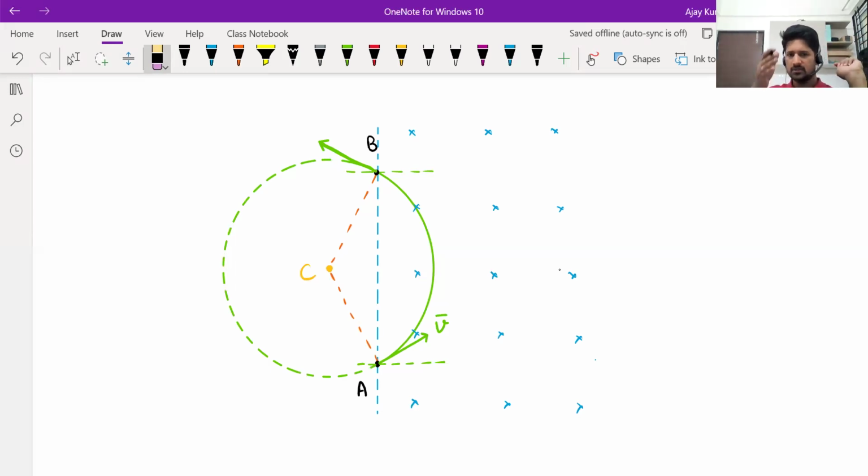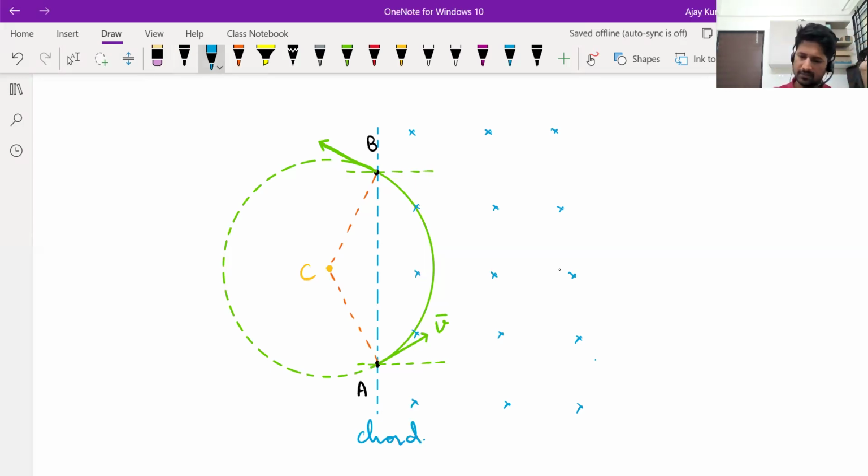The boundary now, which is the dotted blue line, is a chord to the circle that it would have executed had the magnetic field been present everywhere. Fine.